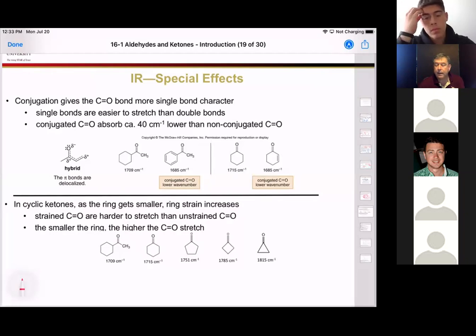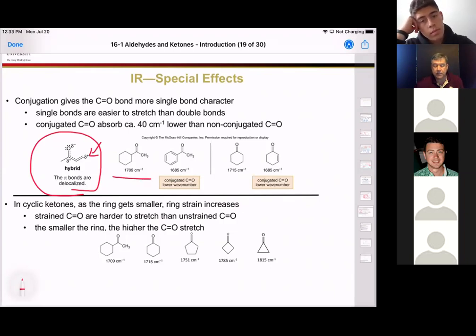So if we look at a delocalized, conjugated hybrid right here, we'll see that we can delocalize that partially positive charge in that alpha carbon position over here, and therefore that lowers the energy necessary to do that absorption, and we actually see a shifting down of wave numbers, okay?